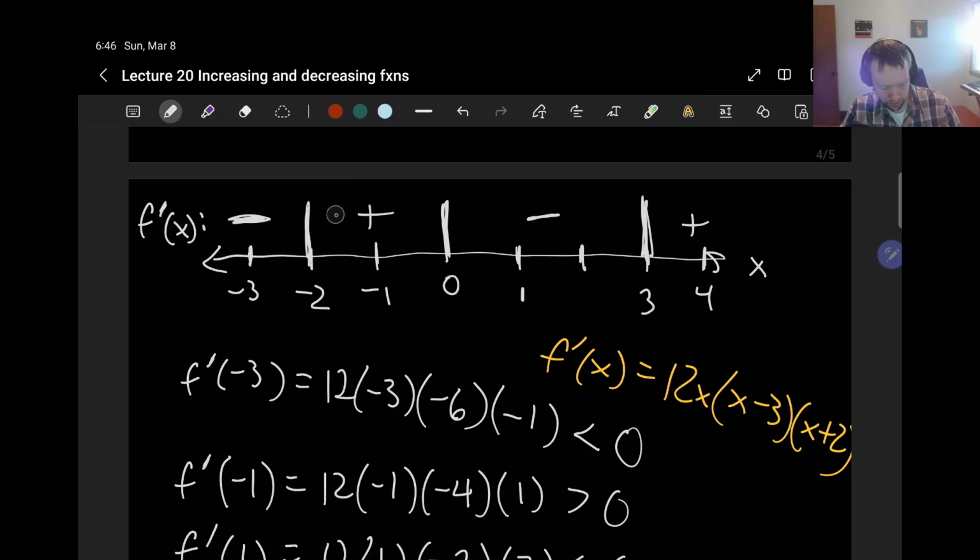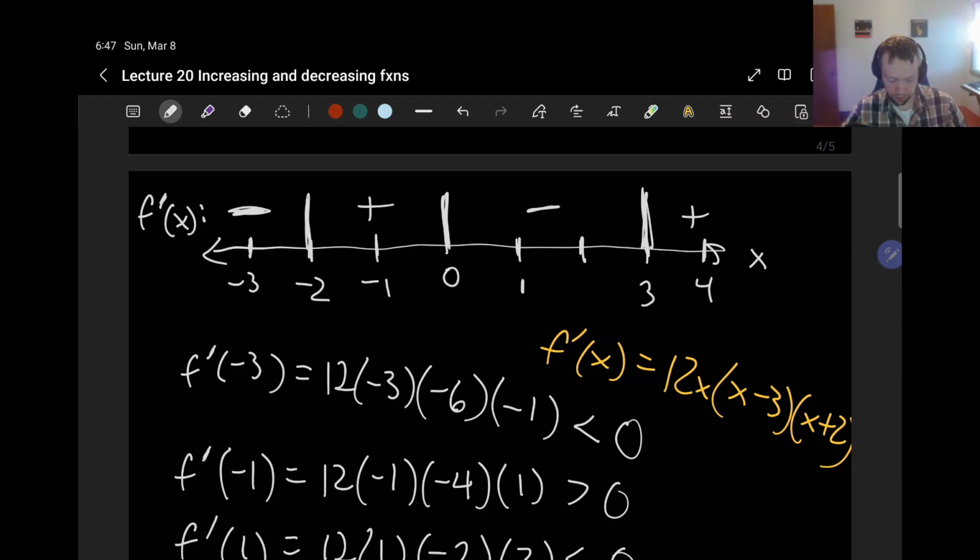The critical numbers split these regions up. That's why we solved for them. So now that we know how the derivative behaves in each of these sections, that tells us when my original function f is increasing or decreasing. Since the derivative is negative on this interval, that means f is decreasing on that interval.